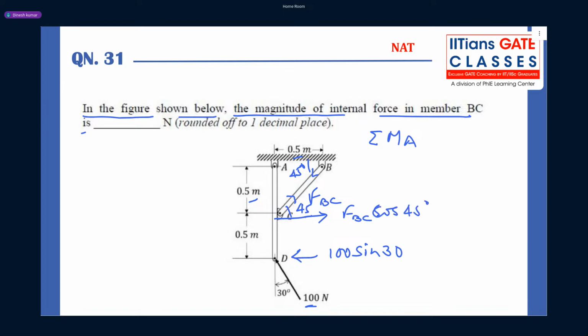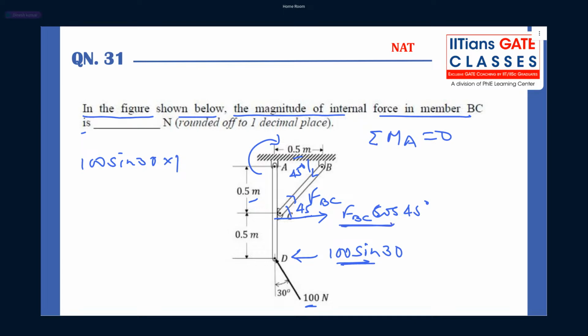Now guys, simply if you find sigma MA equal to 0, you can do that, right? If you do sigma MA equal to 0, this force has what moment? It is 1 meter, so you can say 100 sine 30 into 1. It will give me a clockwise moment.